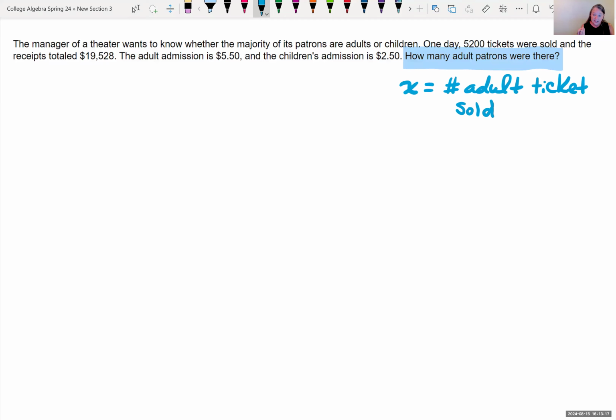So if x is the number of adult tickets sold, and we know that the total number of tickets sold was 5,200, well, I would subtract off x from that to get the number of tickets that were sold for kids. So 5,200 minus x, this would equal the amount of kid tickets sold.